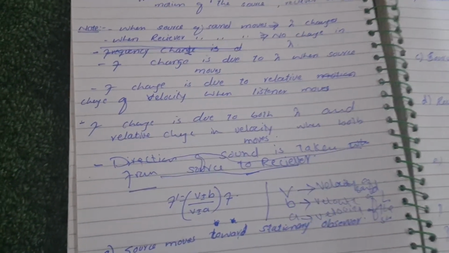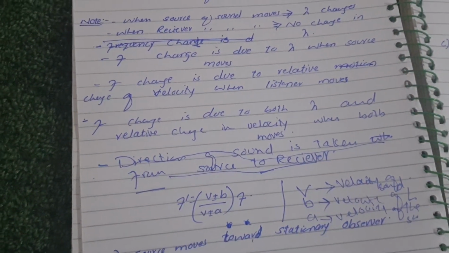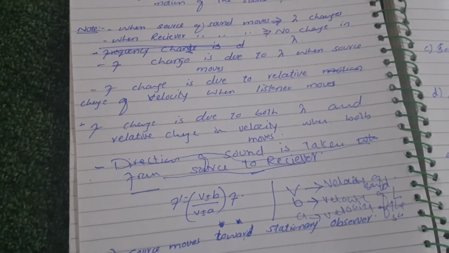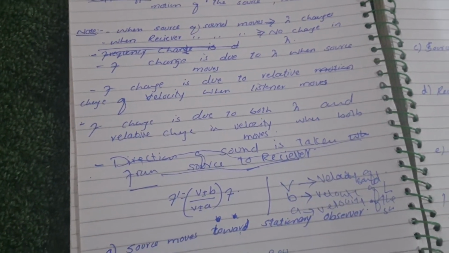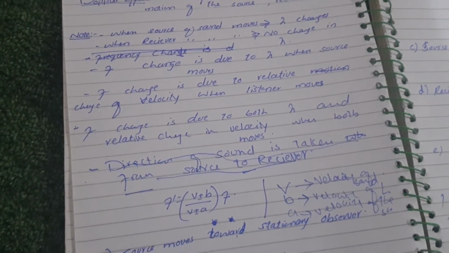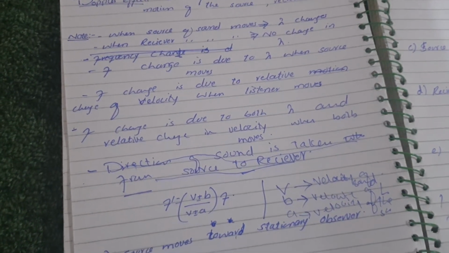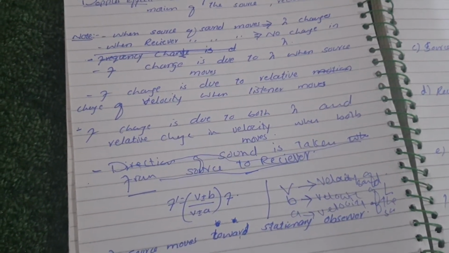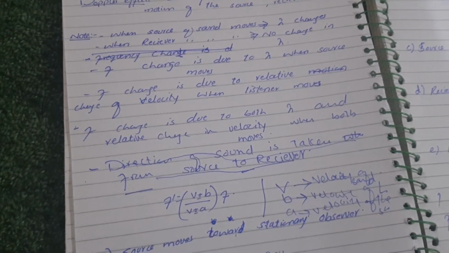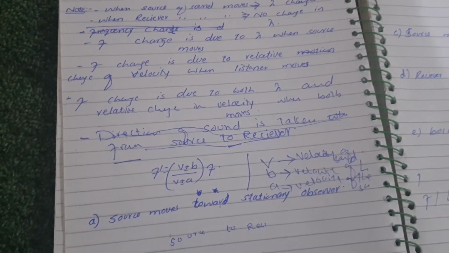So frequency is equal to (v plus minus b) divided by (v plus minus a) into f. That is, frequency is equal to speed of sound or velocity of sound plus minus velocity of receiver, divided by velocity of sound plus minus velocity of source, whole bracket, into original frequency.